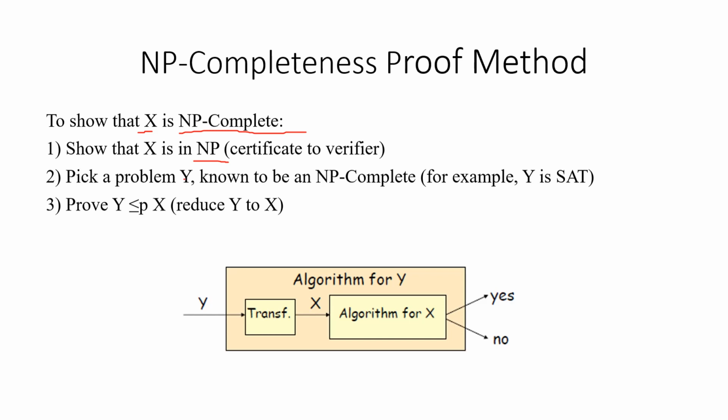And second, we need to show that this X is NP-hard. In order to show that, we need to take some problem that we already know is NP-hard. Then if we are able to reduce that problem to X, we can say that X is NP-hard. And if we satisfy these two requirements, only then can we say that this problem is NP-complete.